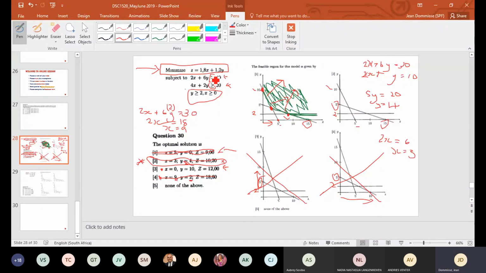When you look at the sign, if it is smaller than, it means that you're looking at the other side of the equation, where this was bigger than. That's why we looked at the bigger than portion of the diagram. So it's important to look at that.